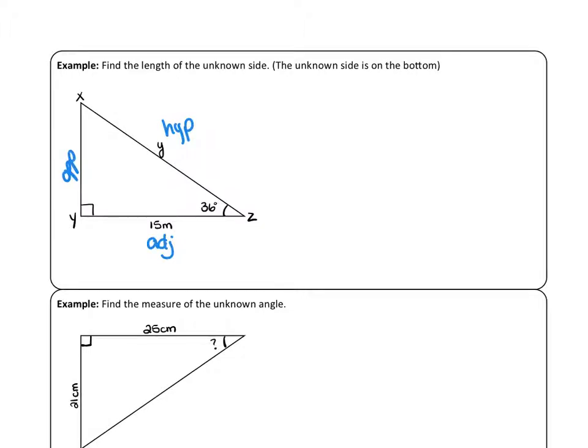So again, I want to find the hypotenuse, and I already have the adjacent because we know that that's 15. So hypotenuse and adjacent, the one ratio that has both is cos. So I'm going to use that one.